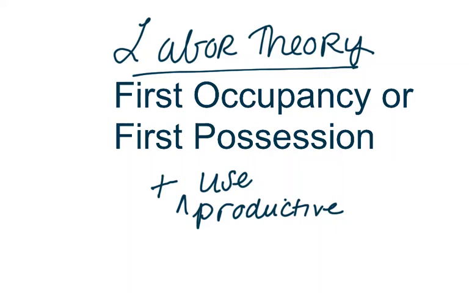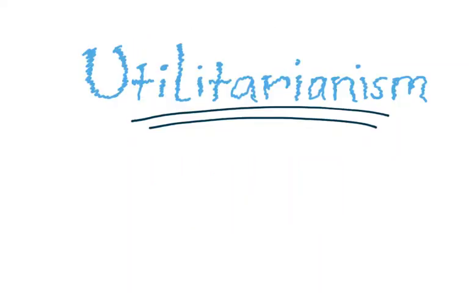One of these theories is utilitarianism. Now, your book begins with Jeremy Bentham's version of utilitarianism, but I think it's important to get a little bit more background on utilitarianism. So the next video will give you a brief overview of utilitarian theory.